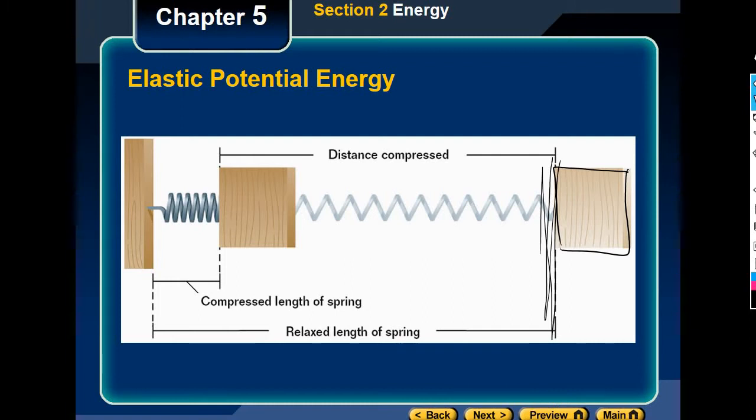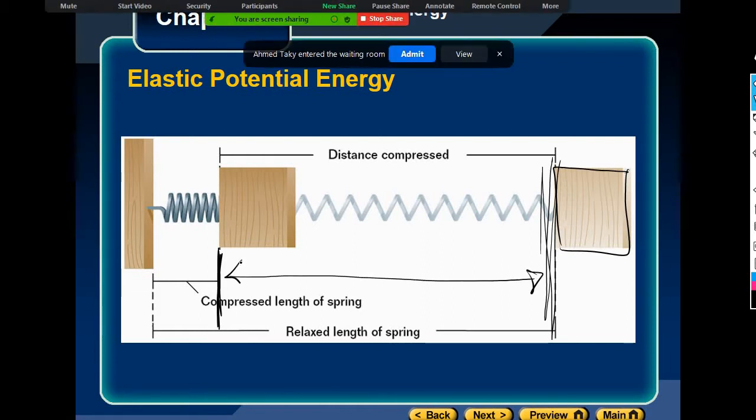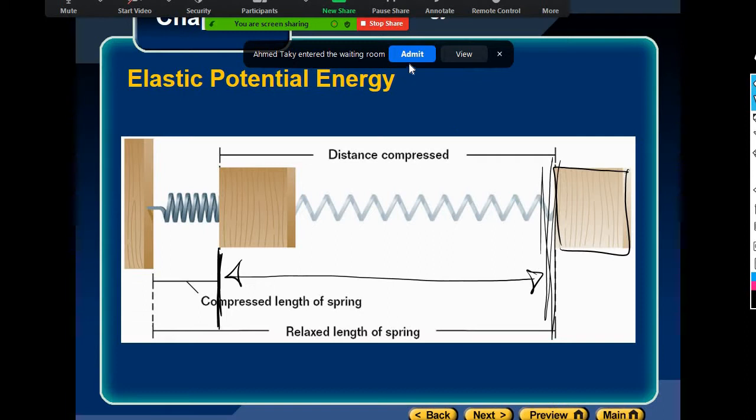It means the original state of the spring. We have not done anything yet. When we compress this spring, it will make a distance. The distance from where the spring is compressed to the original position is the distance of compression.